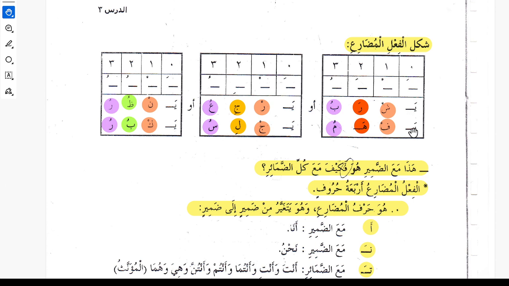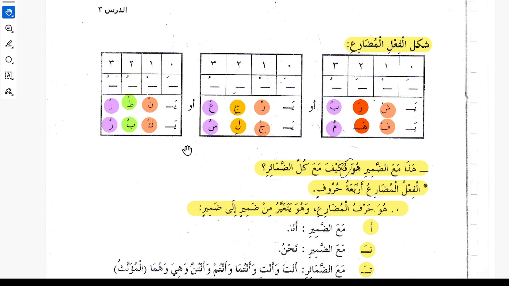Past tense does not have anything, but the present tense will have ya. So in other words, in the present tense, for every three-letter verb, you will see one extra letter with the fatha sign. These three letters, 1, 2, 3, and then one extra letter.